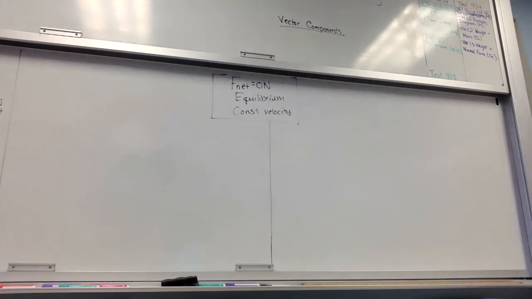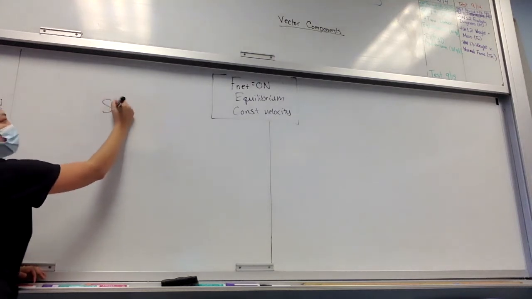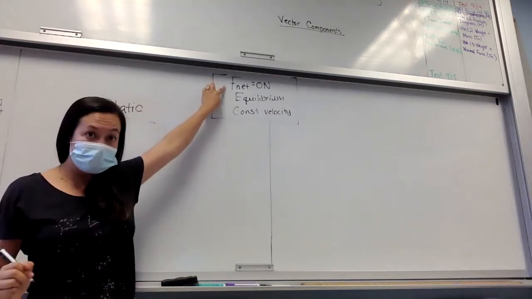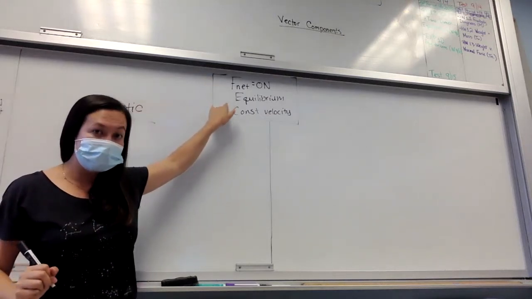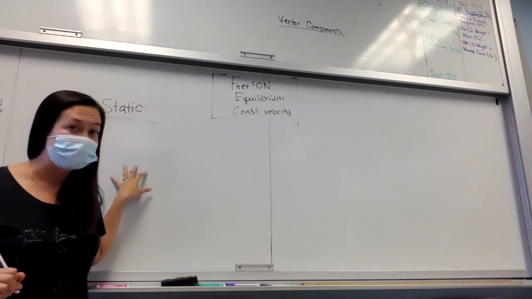So it turns out there are 2 types of equilibrium, and you actually solved both types of problems in your homework. Most of your homework problems were about static equilibrium. That's where your net force is 0, the forces are balanced, and you have a constant velocity of 0.